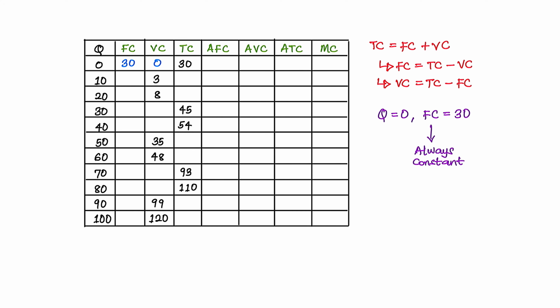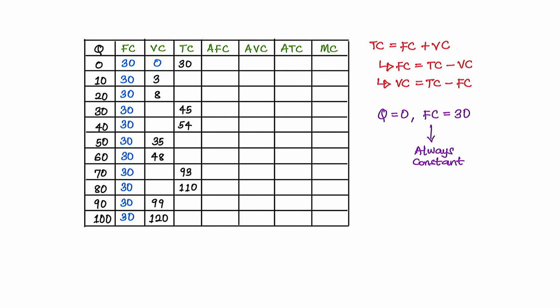That means when the output changes, the fixed cost does not change. So irrespective of the level of output, your fixed cost is still going to be 30. So even when output is 20, fixed cost is going to be 30. When output is 30, fixed cost will still be 30, and so on down the column.